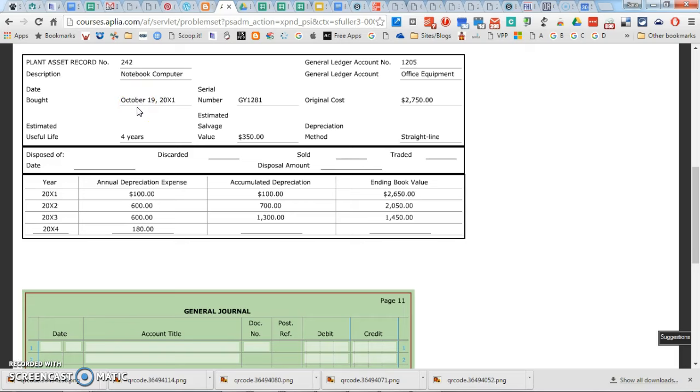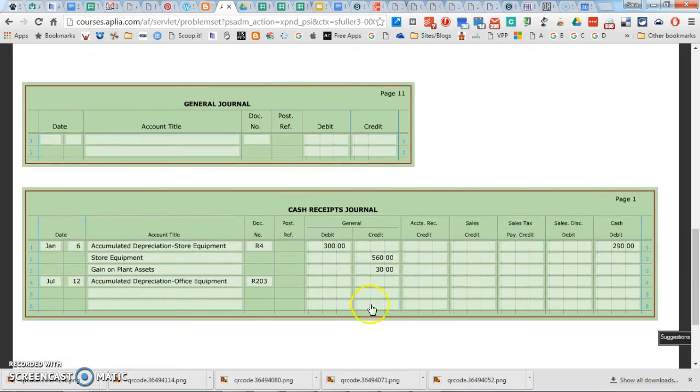So just equating out those months. Sorry, 180 would not be right. How about 300? 300. Accumulated depreciation then is $1,600. So our ending book value is $1,150. Okay, so now we know that our accumulated depreciation is $1,600. So we'll come back down here, debit of $1,600.